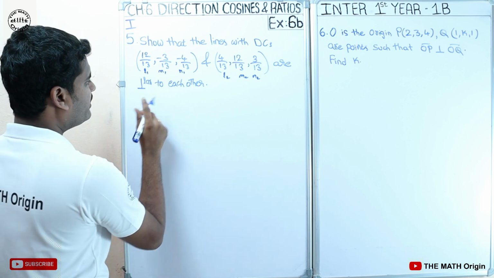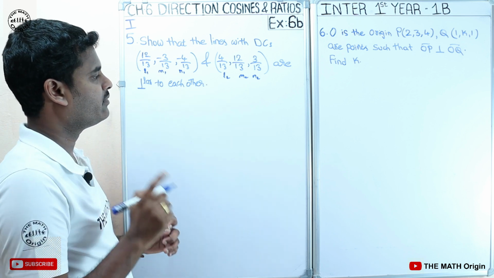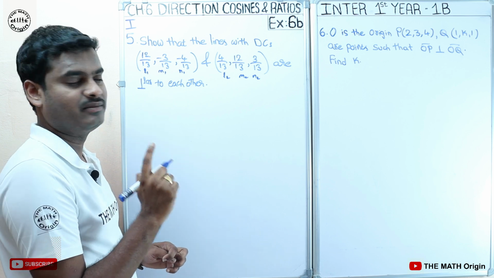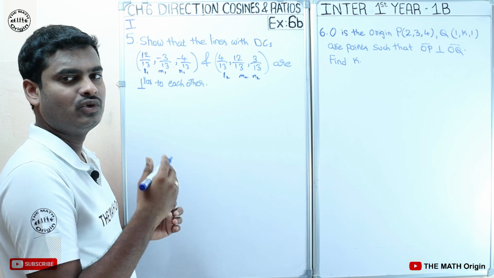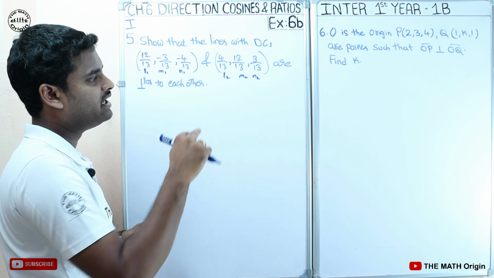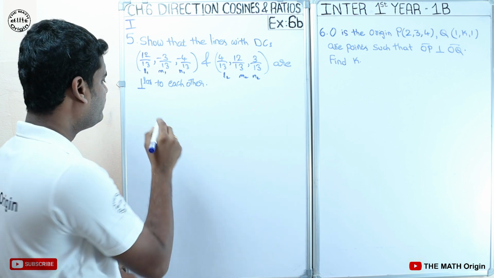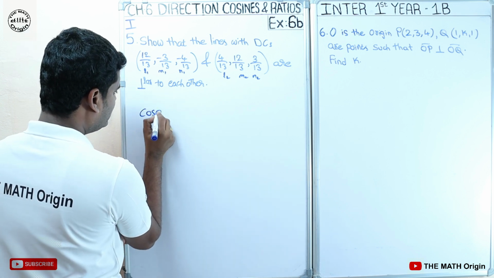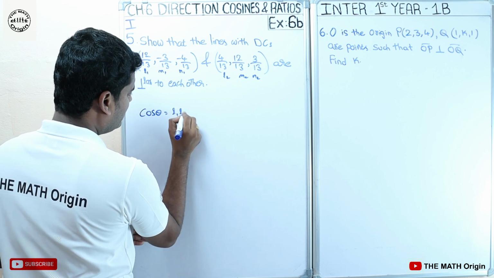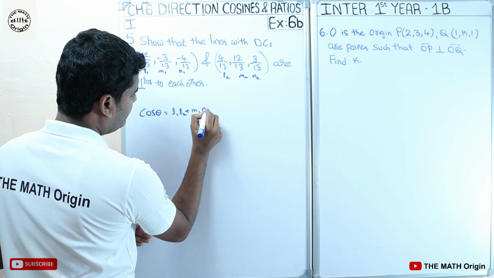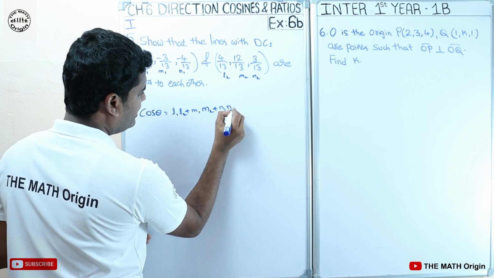We did this in the previous problem: if two DCs are provided, what is the angle between them? We have a formula, cos theta is equal to L1 L2 plus M1 M2 plus N1 N2.